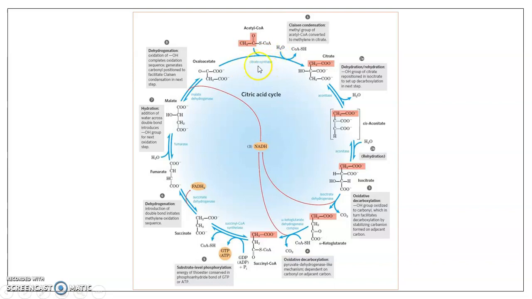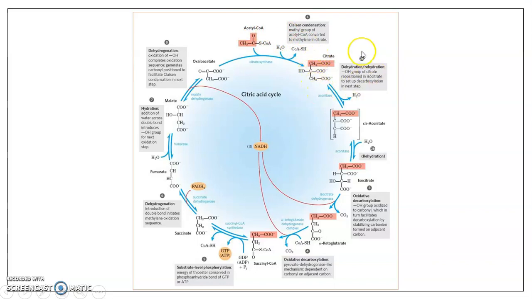I hope it is visible, citrate synthase. Now here you can see the coenzyme A is free, and this coenzyme A being liberated can be used during the oxidative decarboxylation of another pyruvic acid molecule to produce acetyl coenzyme A once again.